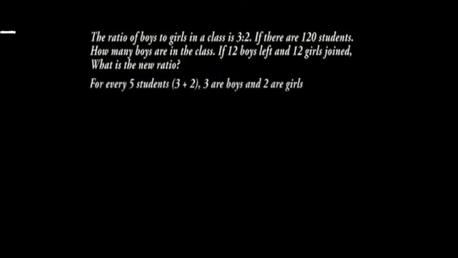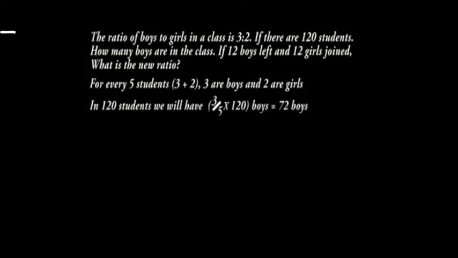So, in a class of 120 students, we will have 3/5 times 120 boys, which will give us 72. This means that there are 120 minus 72 girls, which gives us 48. You can still calculate it as 2/5 times 120.